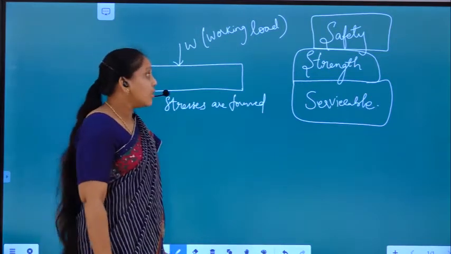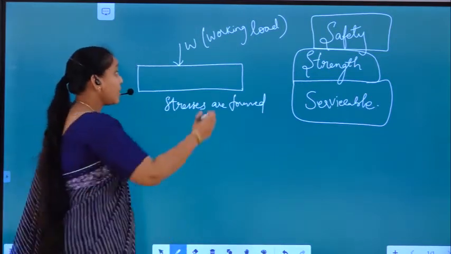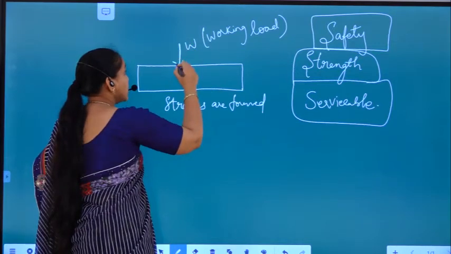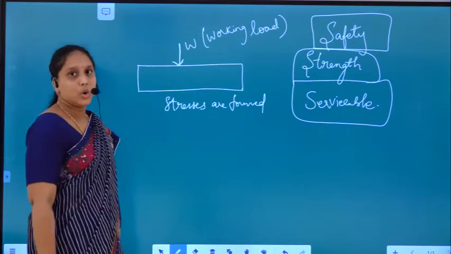Here, what is this W? This W is the working load.